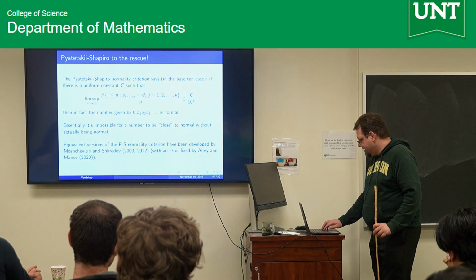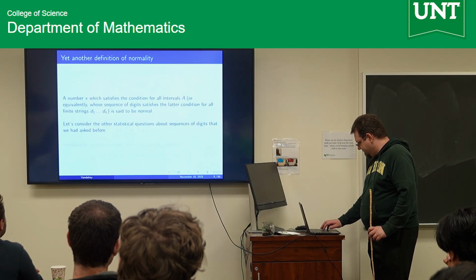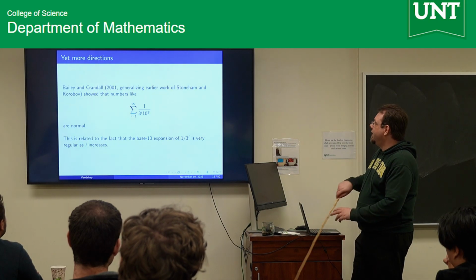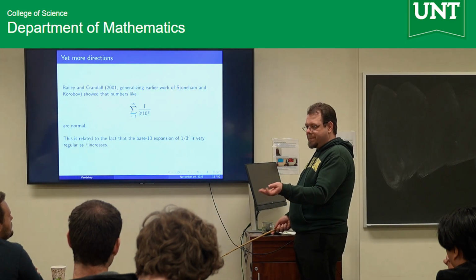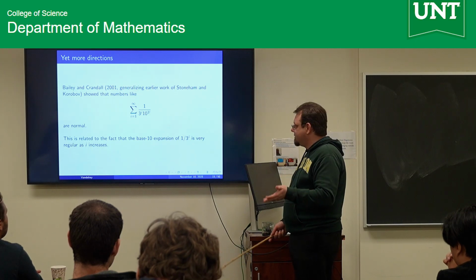So 1 over 3 to the i has good properties, and we would also expect 1 over 10 to the n factorial to also have good properties in base 3.